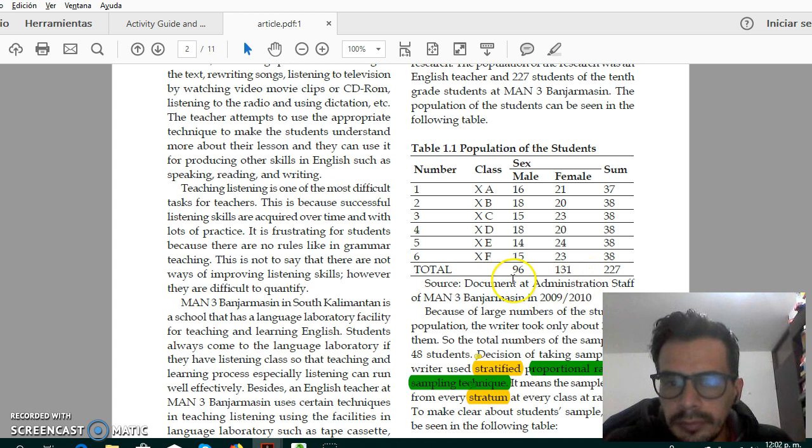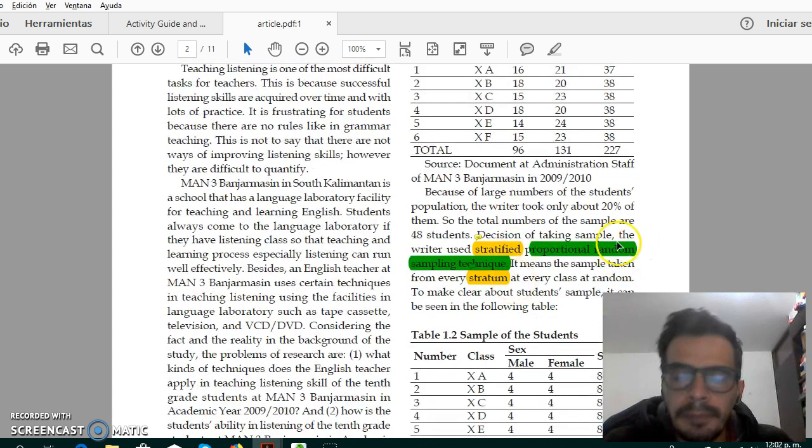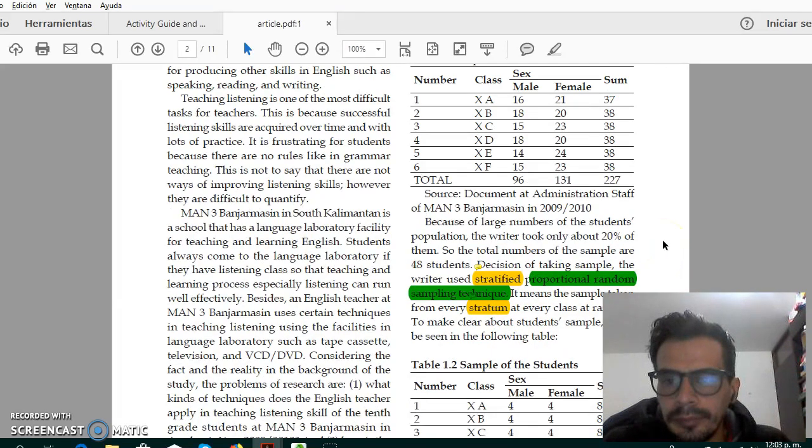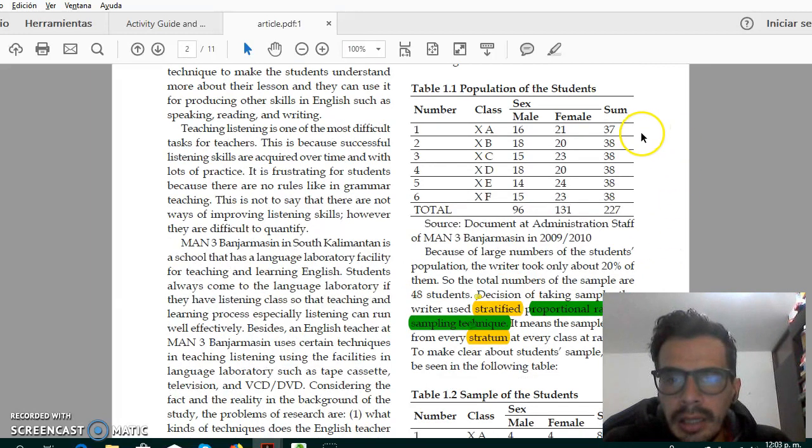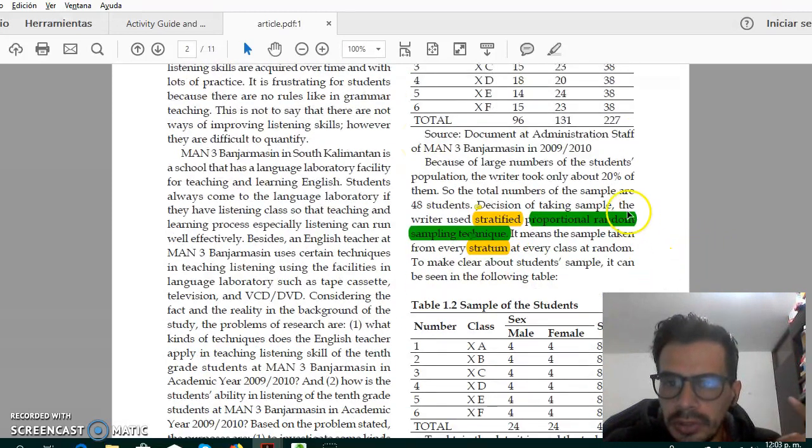But the researcher applied this technique, stratified proportional random sampling technique. In this case, to each group is applied a proportion of 20%.